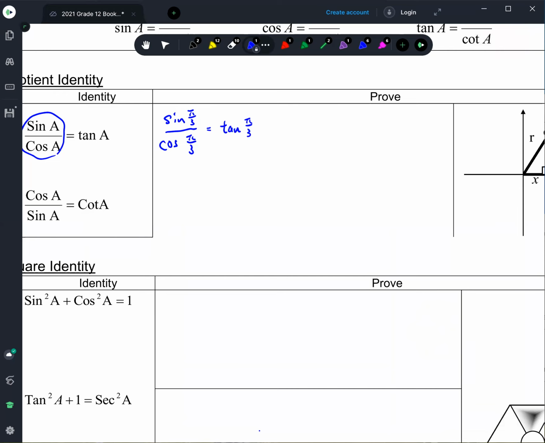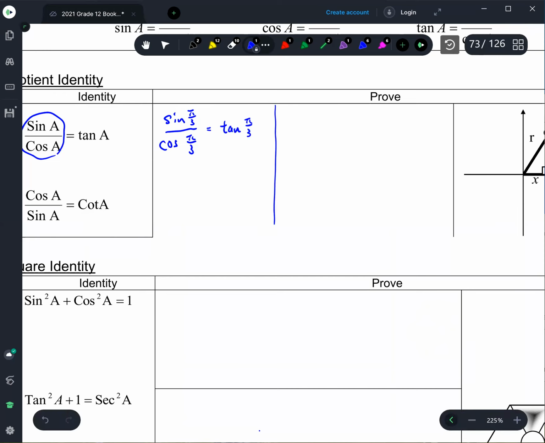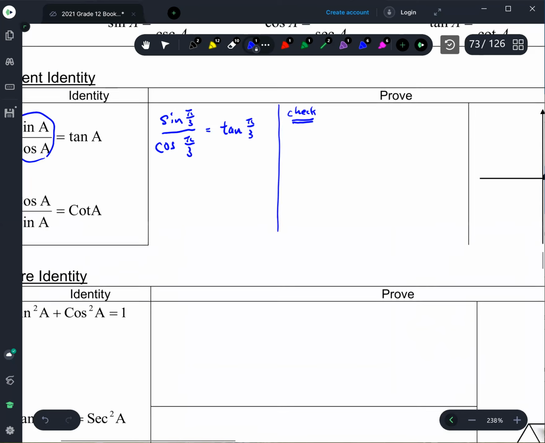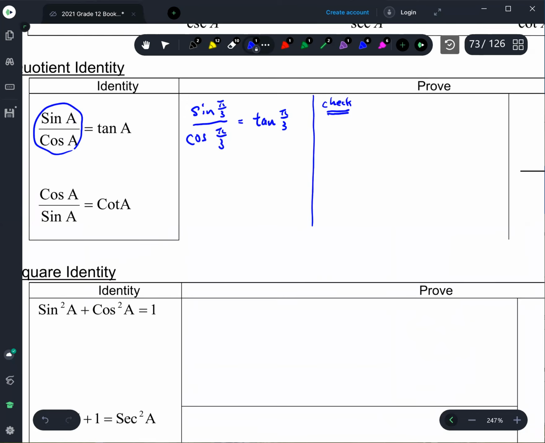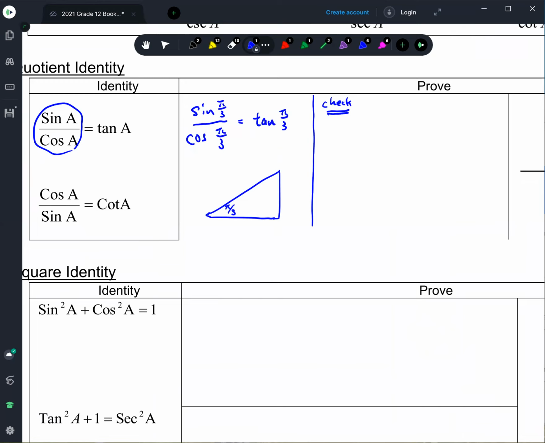We can check, see if it's true. Let's put the angle here, pi over 3. How long is the opposite side? If the angle is pi over 3, how long is the opposite side?